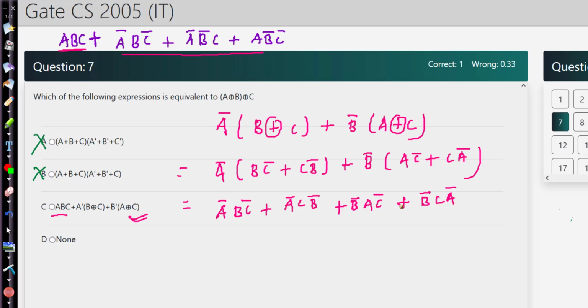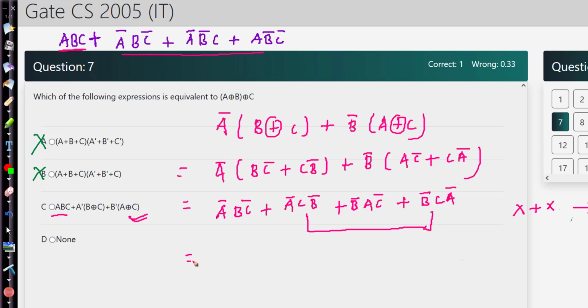Okay, there are four terms here now. So can we remove some of the terms? Yeah, there is one term which is the same, A complement B complement C, and here also we have A complement B complement C. So we can dissolve them. See, x plus x is x only. So why not dissolve them?